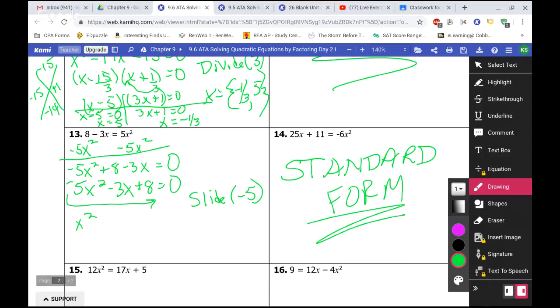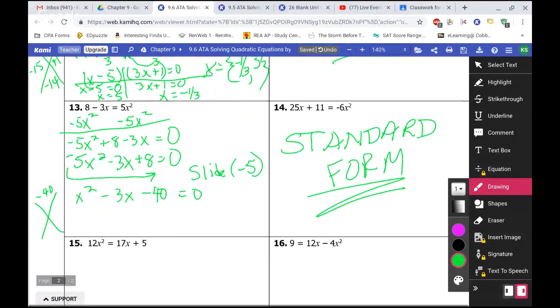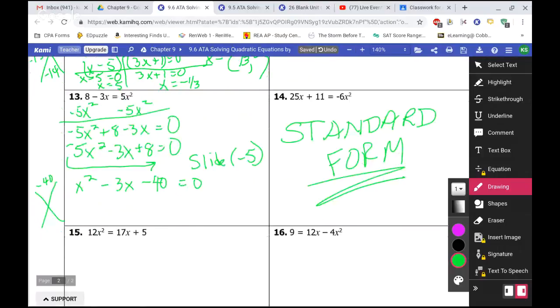So now I have x squared minus 3x minus 40 equals 0. So I'm looking for two factors that multiply together to give me a negative 40 that when I add them, give me a negative 3.